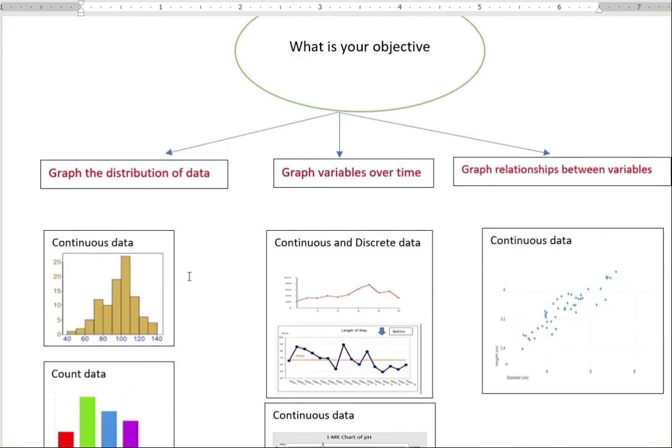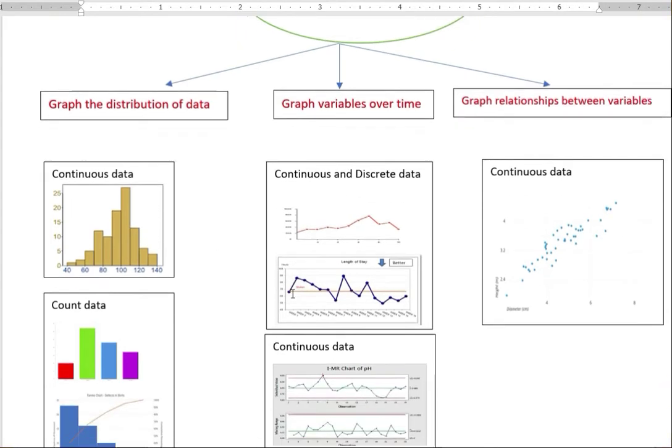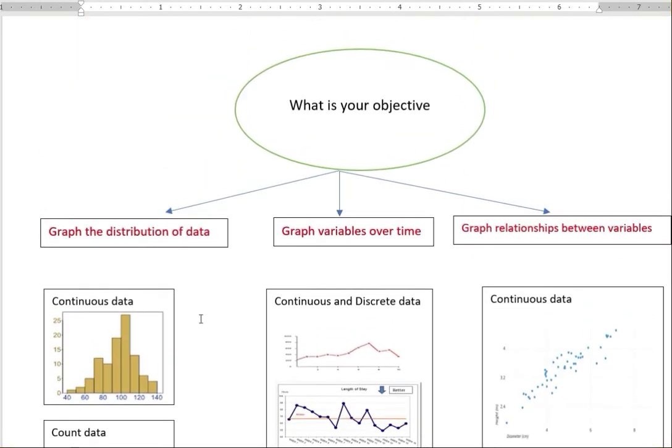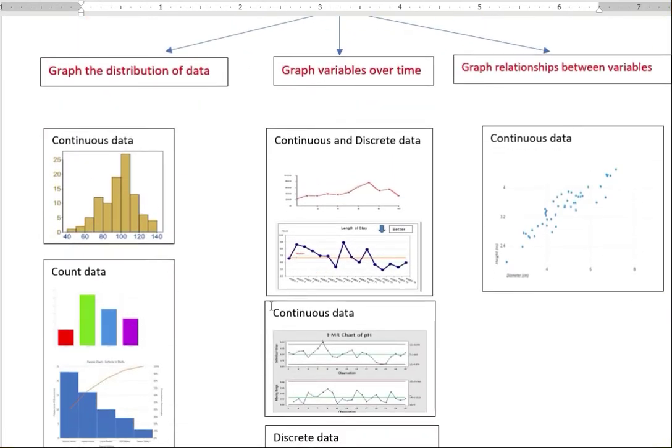Actually, there are many graphs available in statistics, but the basics are very few. So these are the basic graphical representation for the data.